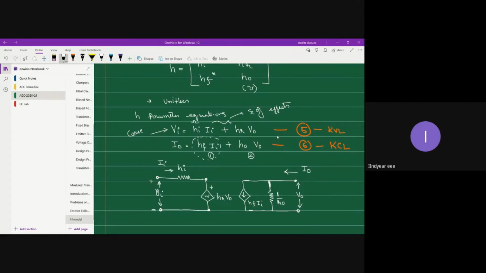Current by voltage, right? Take it here. H is equal to current by voltage, I into V. You're multiplying with voltage. So basically, this represents current through admittance.